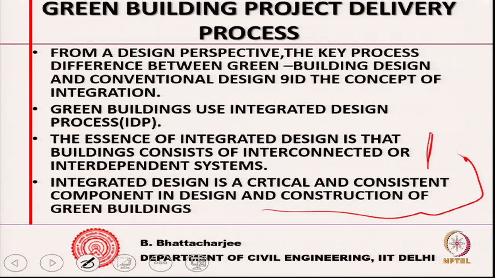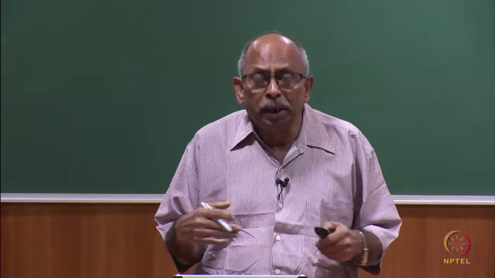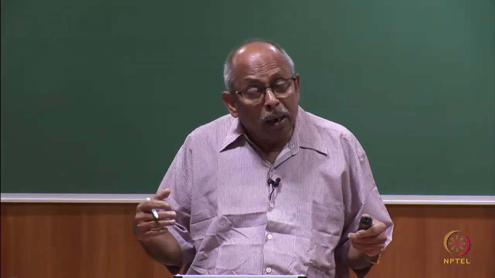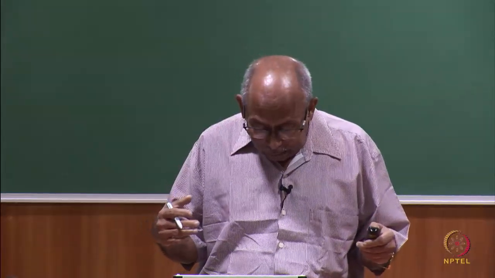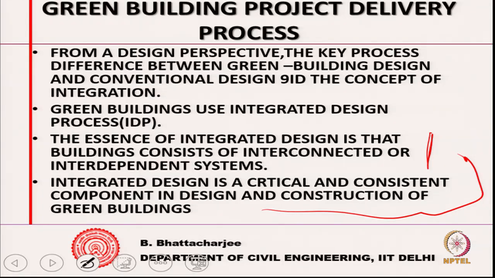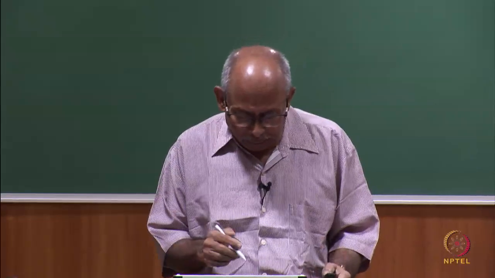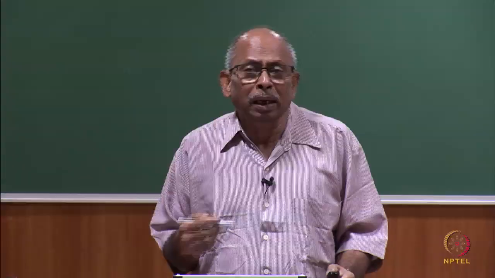In green building this becomes even more important, because there are several features which may not be there in conventional building. So, in case of green building design, integrating the various interconnected interdependent systems becomes very, very important, right.